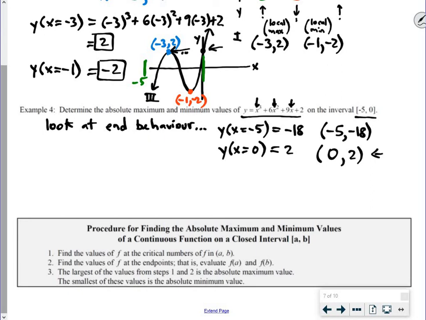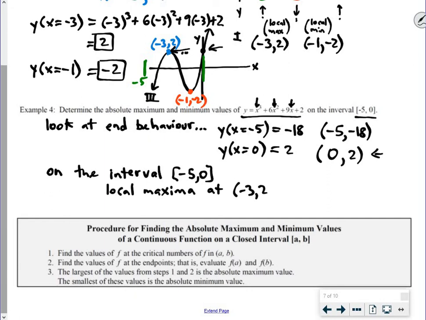So on the interval [-5, 0], we have local maxima at (-3, 2) and (0, 2).